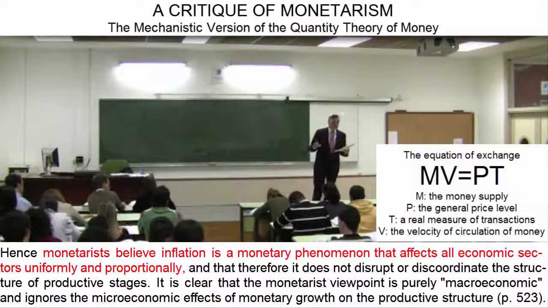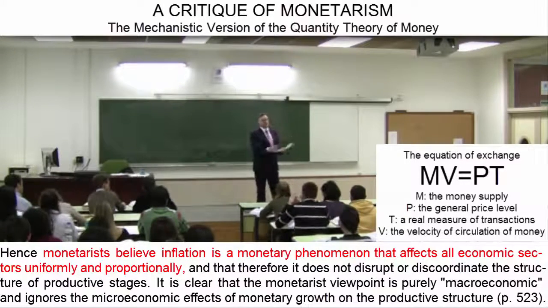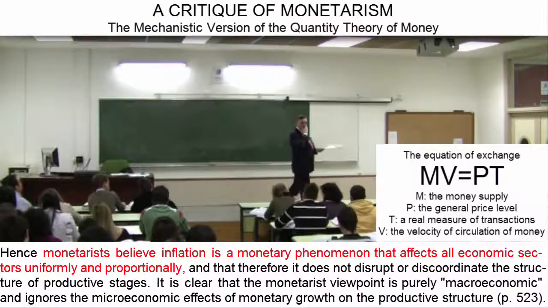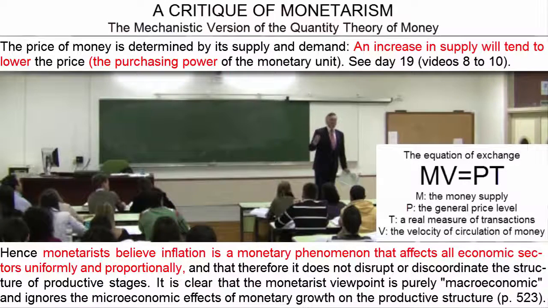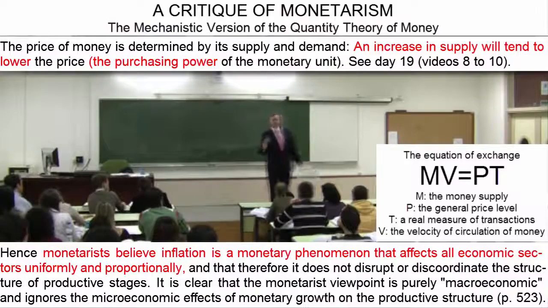The grain of truth lies in the fact that if V and T are constant, then when the quantity of money rises, the general price level rises. That much is true, but we need to make a qualification. If the quantity of money increases and everything else remains the same, it is not that prices rise. It is that the purchasing power of the monetary unit falls.